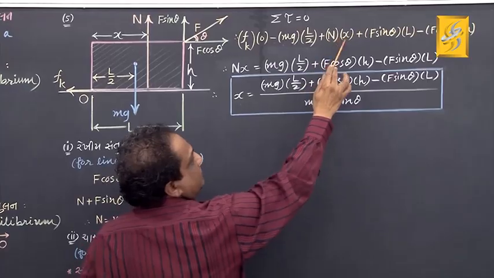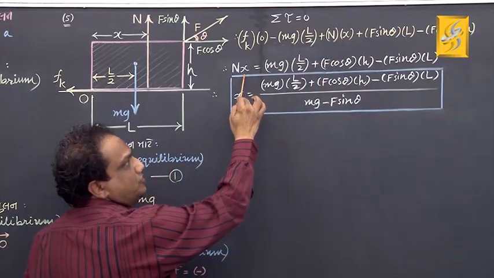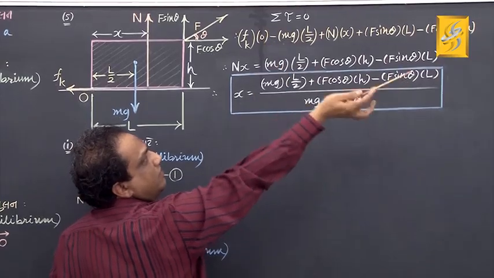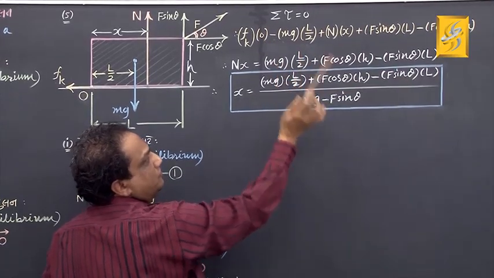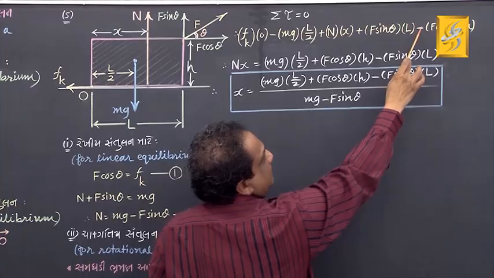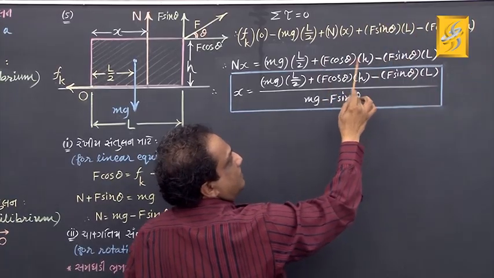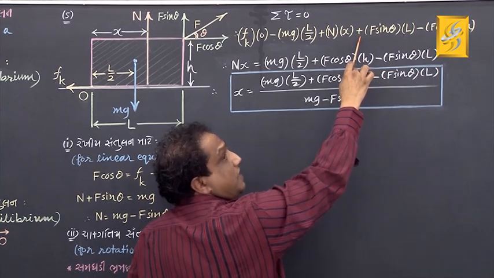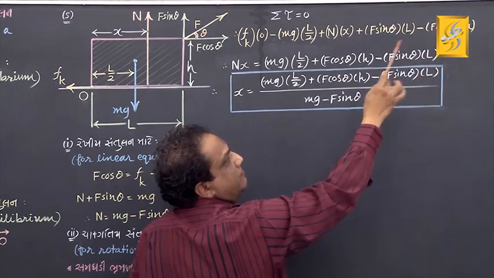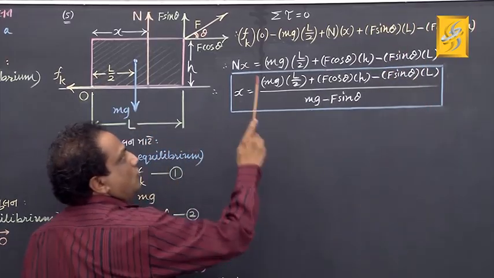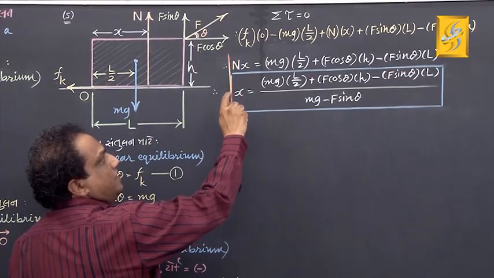I want N into x, so make it the subject of the equation. This term I just transfer to the right hand side. From minus it will become plus mg into L by 2. This term is right now minus; transferred to the right hand side it will become plus F cos theta into h. This term is right now plus; if I transfer it to the right hand side it will become minus F sin theta into L. I want only x, so put N down.